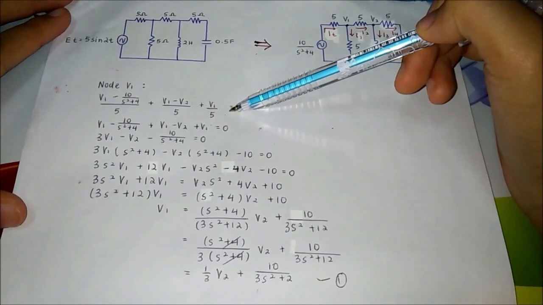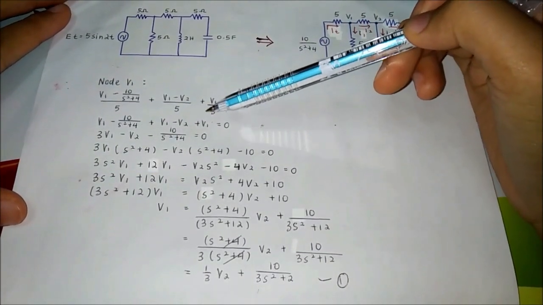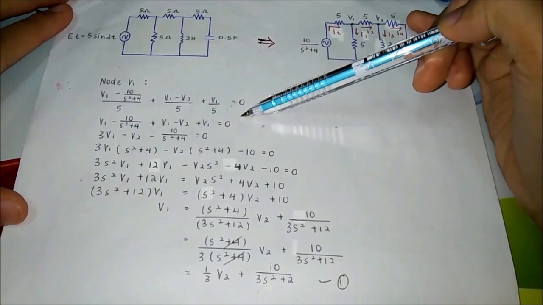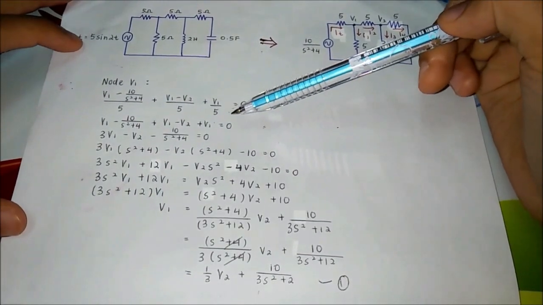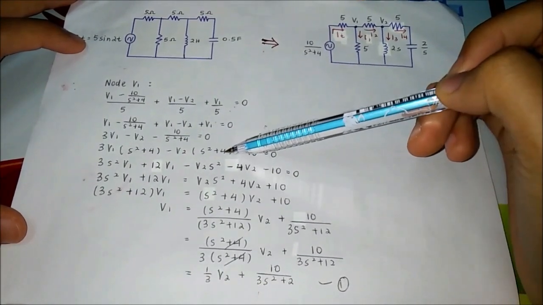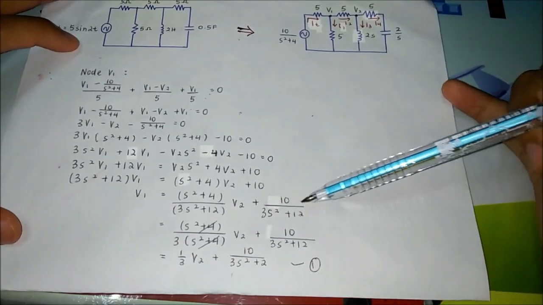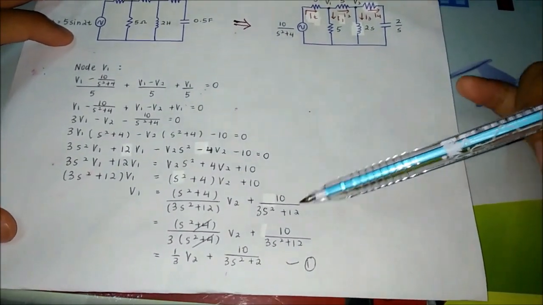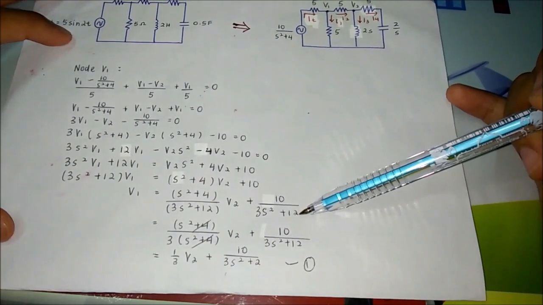From here we arrange this into like this, and we just calculate as usual, and we've got this.